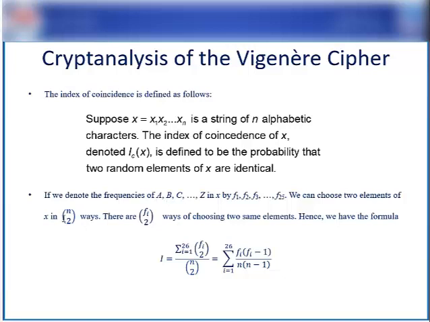I think you remember this notation from the combinatorics lesson. Recall that N choose K is calculated as n factorial divided by k factorial multiplied by n minus k factorial. There are Fi choose 2 ways of choosing two same elements because, as we said, this Fi is the frequency with which this letter occurs. Hence, we have this formula.